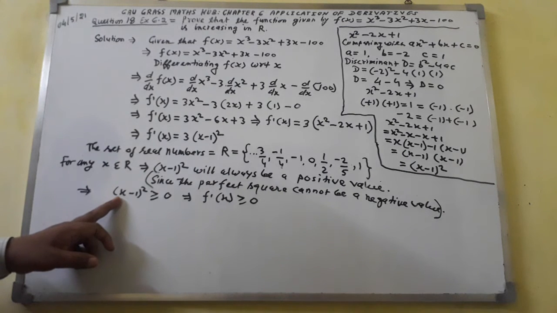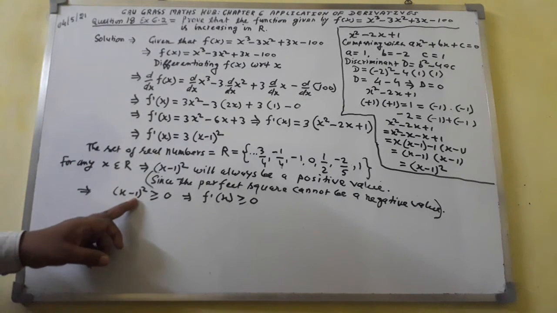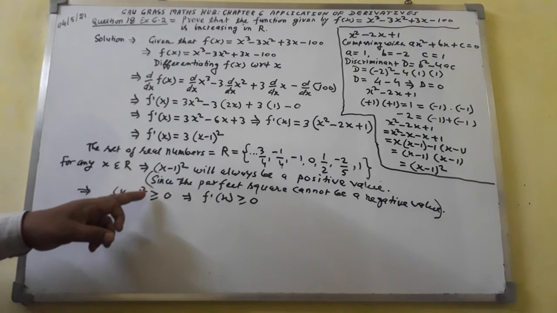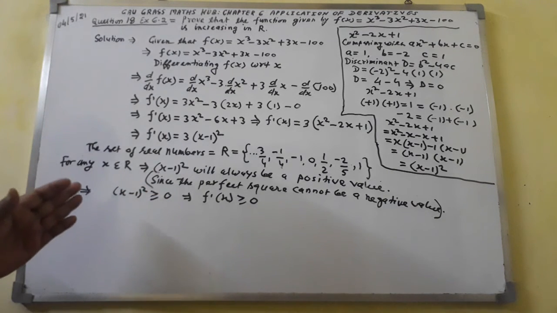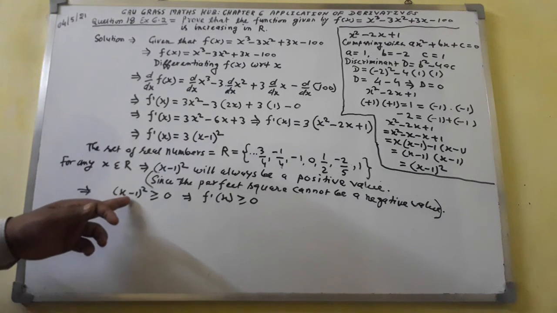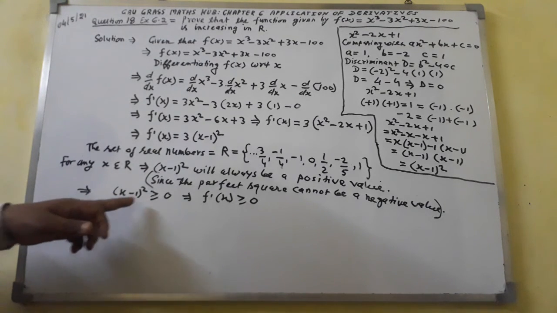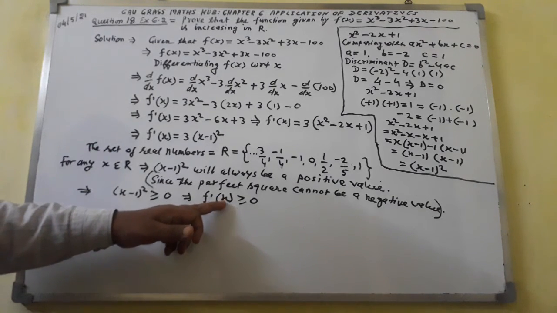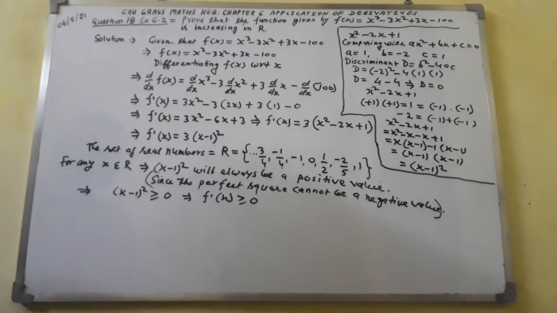A value of x I shall put here 1. So 1 minus 1 whole square means 0, 1 minus 1 means 0. 0 whole square comes out to 0. 0 equal to 0. In every case, this identity we shall get. So in this case, f dash of x will be greater than equal to 0.